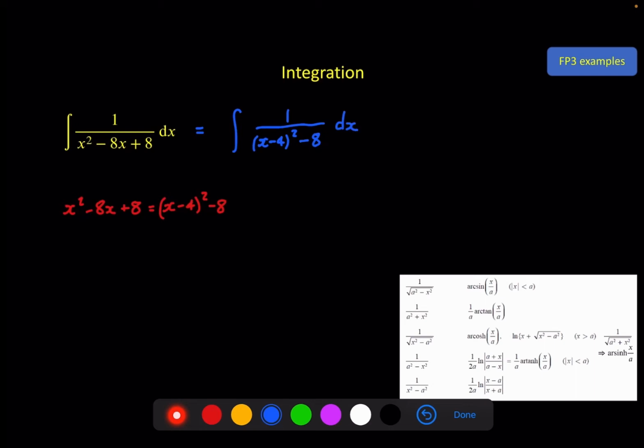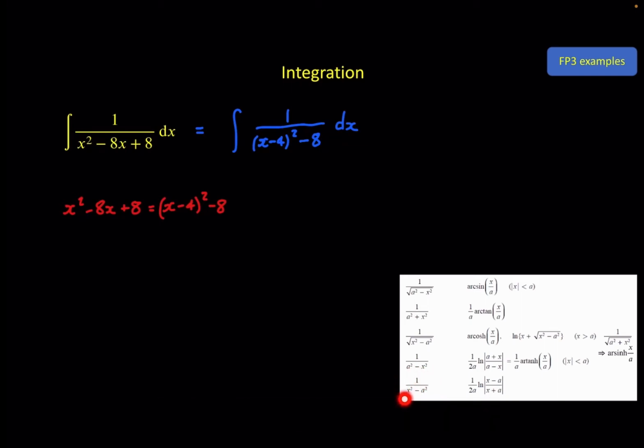And unlike the ones on the starter screen, this is not going to split into a partial fraction very easily. However, it is of the form something squared minus a number, which, if you look on the formula booklet excerpt down here, is this one here. It isn't x squared though, and it isn't a coefficient in front of the x squared like we had on one of the previous videos.